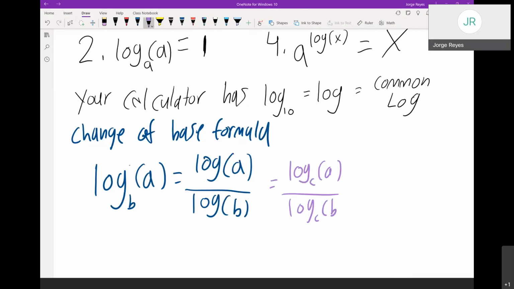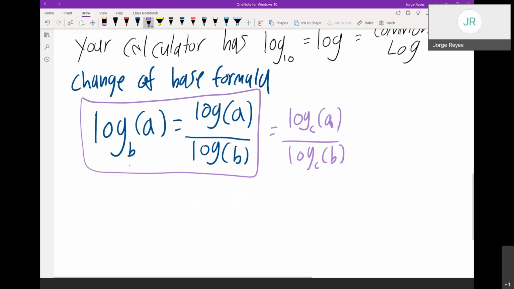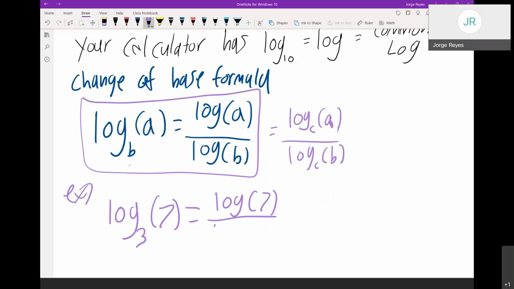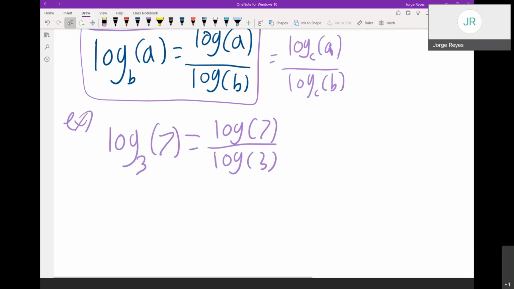The point is we're going to plug into a calculator, so you probably just want to do this one. Quick example: if I wanted to know log base 3 of 7, what I would punch into the calculator is actually log 7 over log 3. Alrighty then. So hopefully that is helpful.